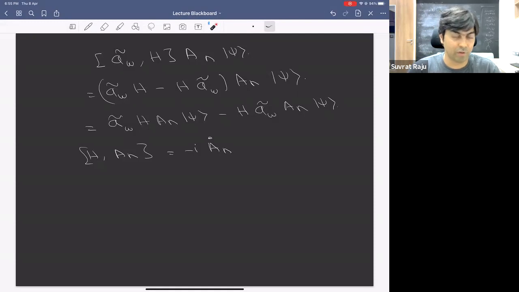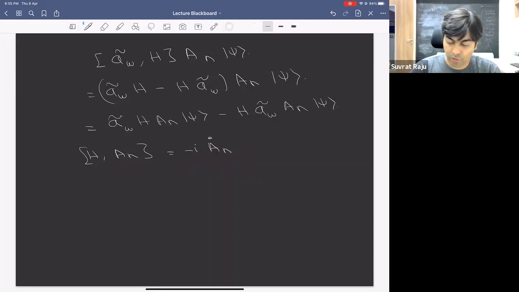So it's a linear combination of some of those modes. If you had a omega plus a omega squared, you commute that with the Hamiltonian, you get a factor of omega in one case, a factor of 2 omega in the other case. And therefore, for the set of simple operators that we had, the commutator of the Hamiltonian with the simple operator is itself another simple operator, which I'm writing as a n dot, but really it's just some other linear combination of the operators that comprise a n.